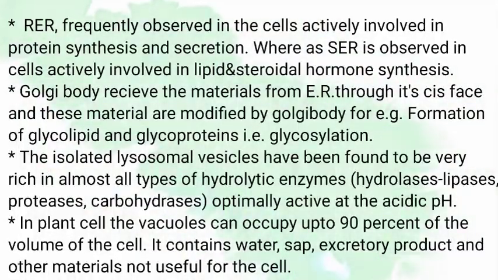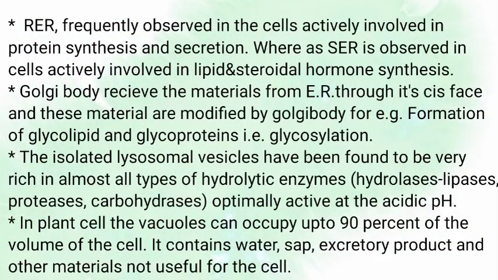RER, rough endoplasmic reticulum, is frequently observed in cells actively involved in protein synthesis and secretion, whereas smooth endoplasmic reticulum is observed in cells actively involved in lipid and steroidal hormone synthesis.